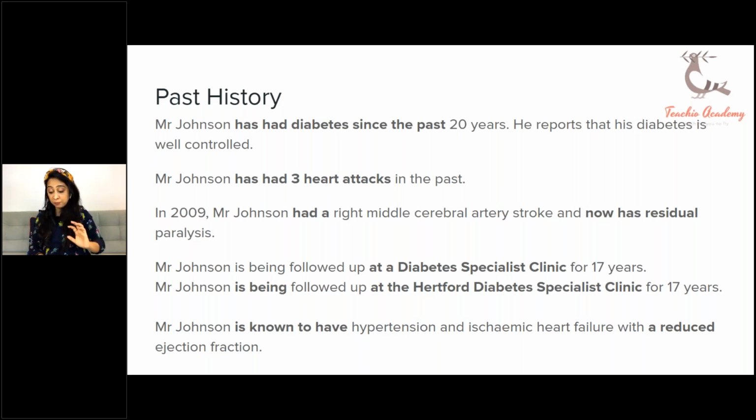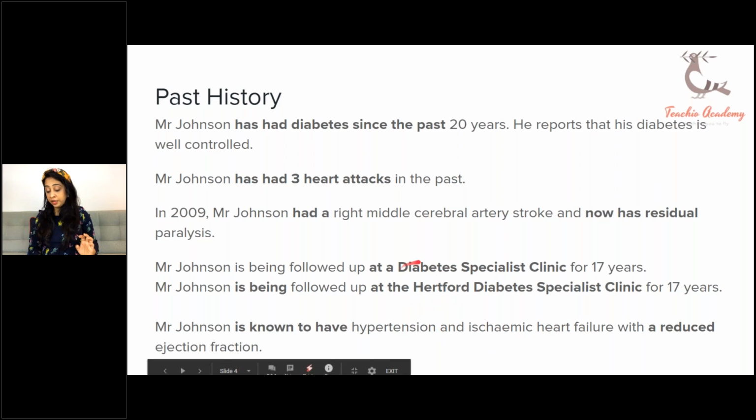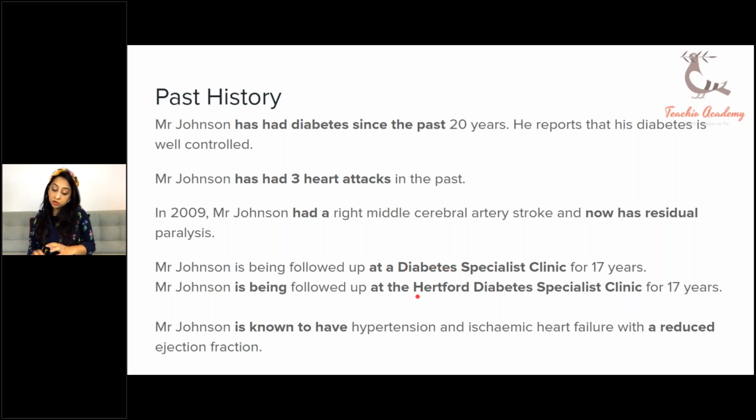But in the second example, there's a name provided. It's the Hartford Diabetes Specialist Clinic. Because now we're talking about one particular clinic by the name of Hartford Diabetes Specialist Clinic. That's why in the first example we've used "a", and in the second one we've used "the". So if you've understood Zanil and Manpreet, please type in yes.